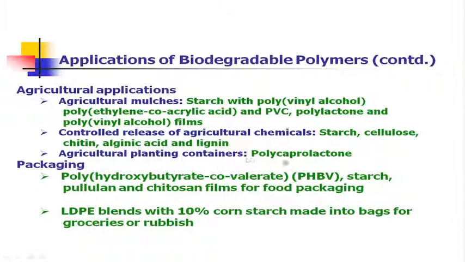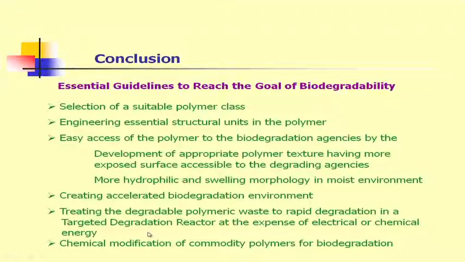Agricultural planting containers, say sapling pots, have also been developed. Packaging films with polyhydroxybutyrate, pullulan and chitosan films are used for food packaging. LDP blends with 10% cornstarch are made into bags for groceries or rubbish films.